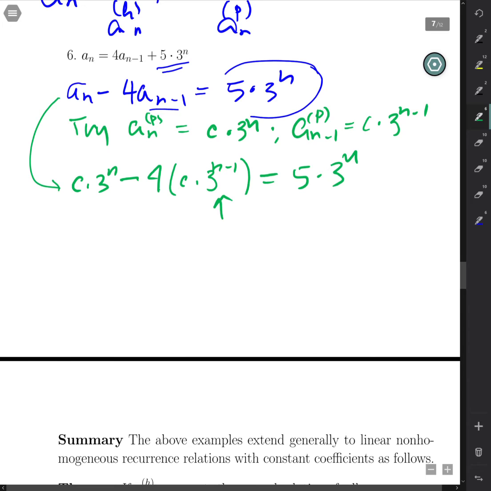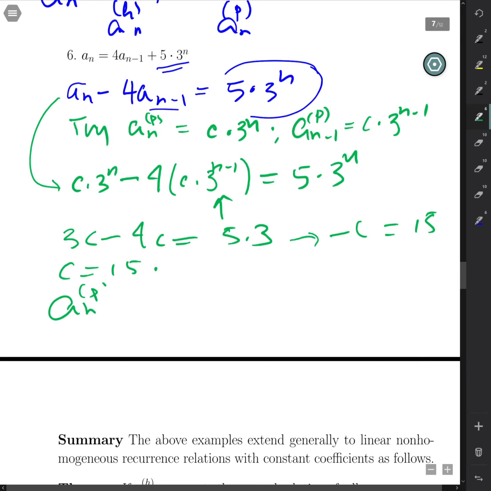That's the lowest power of 3 here, so that'd be 3c minus 4c. The 3 to the n minus 1 I'm canceling is equal to 5 times 3, or minus c is equal to 15. So c would be minus 15, and in fact that works fine. An p is equal to minus 15 times 3 to the n is our particular solution in that case.